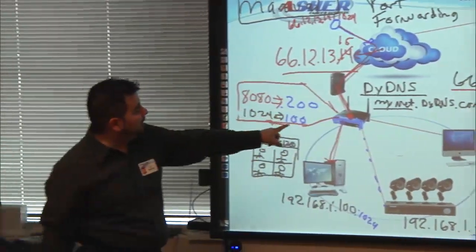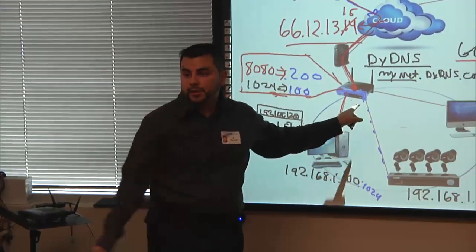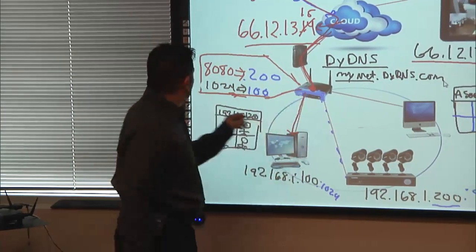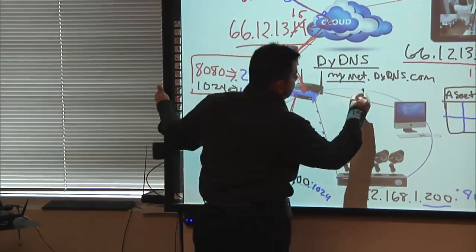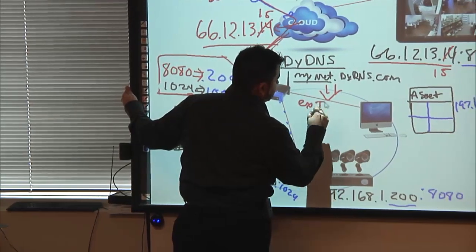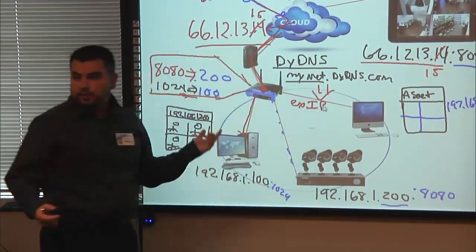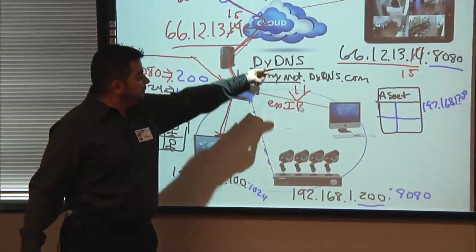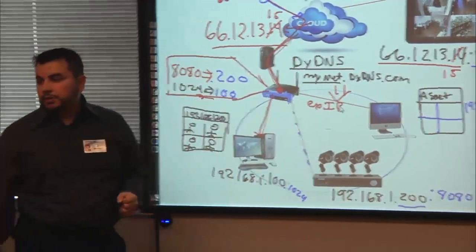Then you register that in your router, and we'll see where you register that in a minute. When you register that in your router, it will always forward this name to your external IP address. If your external IP address changes, your router will automatically attach this name to your new external IP address.